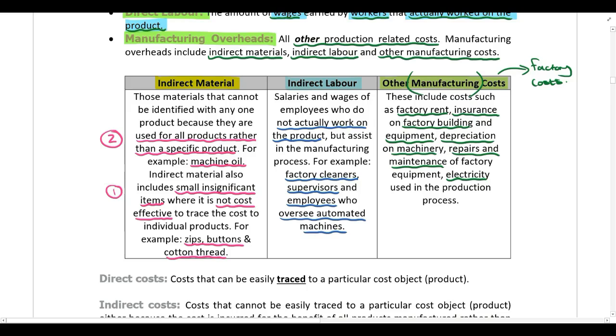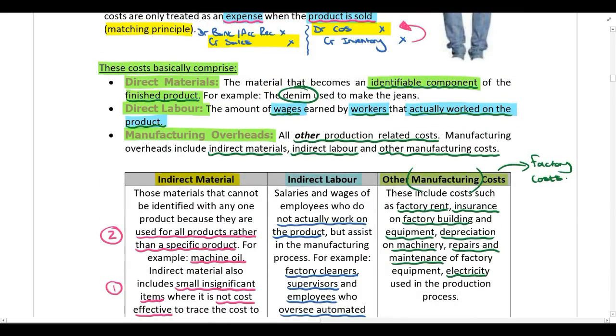All right, so the only costs that we are allowed to include in inventory valuation are direct material, direct labor, and manufacturing overheads. Now, as the names suggest, both direct material and direct labor are direct costs, and your manufacturing overheads are indirect costs.